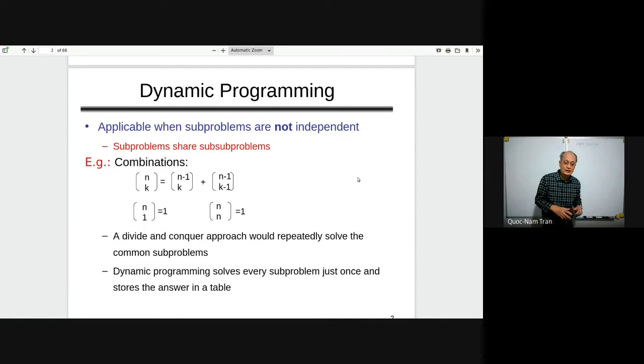In that, the combination of 1 from n is 1, and the combination of n from n is 1. So we can write a divide and conquer algorithm, for example a recursive algorithm, for solving this combination calculation problem.